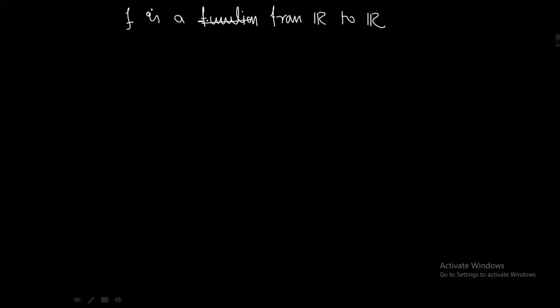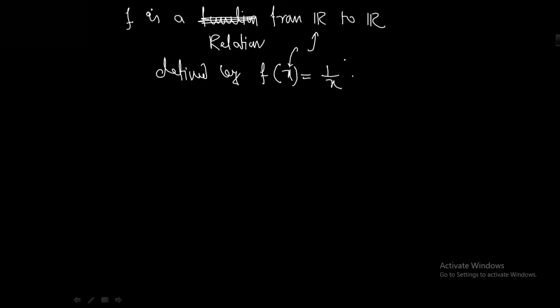Okay sir, f is a relation from the set R to the set R, defined by f(x), that means the image, is equal to 1 by x. That means if you choose x from the domain, the output will be 1 by x in the second set. If you consider any x from the domain, the reciprocal will be the output.